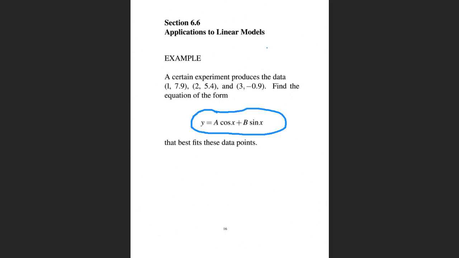And in this experiment, we have 3 data points, and we want to find the equation of this form that best fits the data points. So we need to figure out what our design matrix is, and let me at least do that on this page.